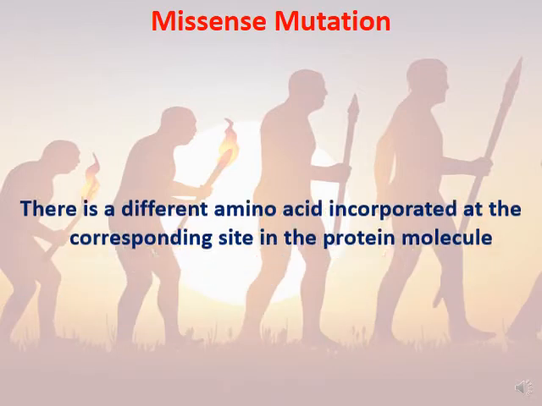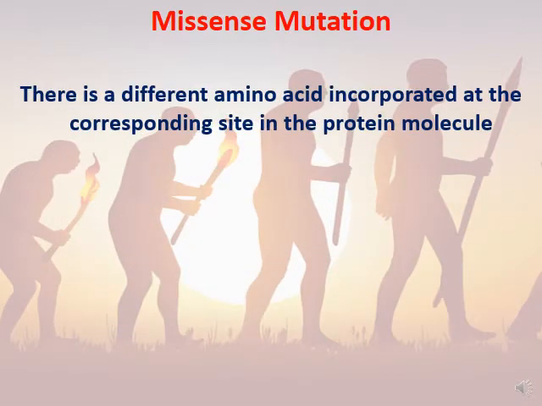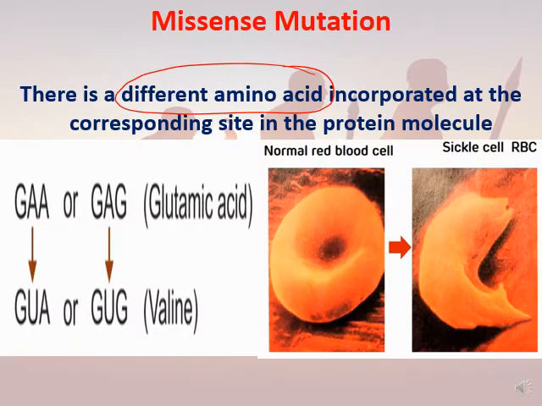Missense mutation. In missense, there is a different amino acid formed due to this mutation. This missense mutation causes the appearance of a different amino acid, as we said, at a site in the protein molecule. For example, the normal red blood cells versus sickle red blood cells. This is the normal round shape.